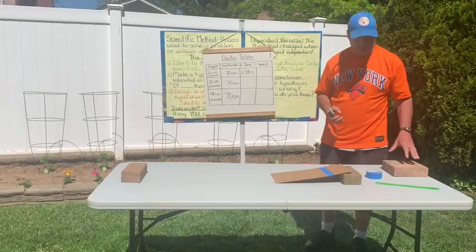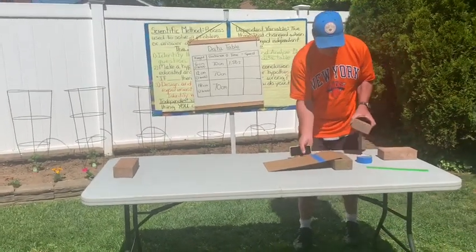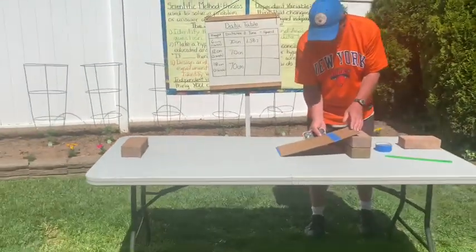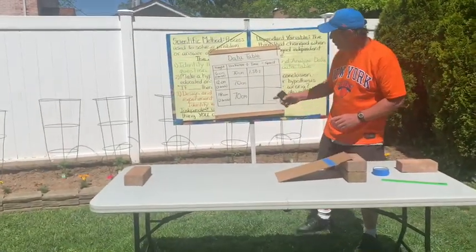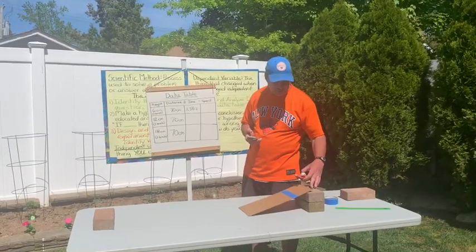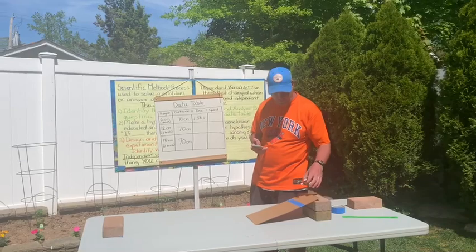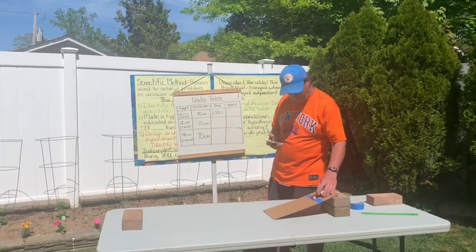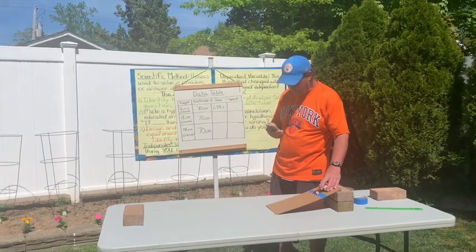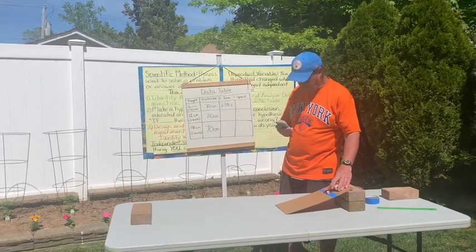Now what we're going to do is add another brick to it, and we're going to do our second trial. For the second trial, we have 2 bricks now. We'll set up the cart and measure how long it takes to go 70 centimeters. So here we go.